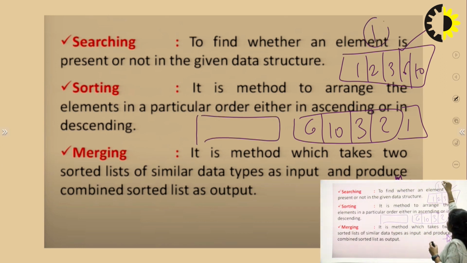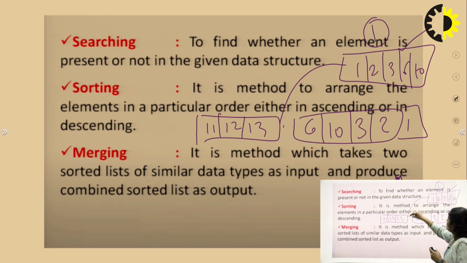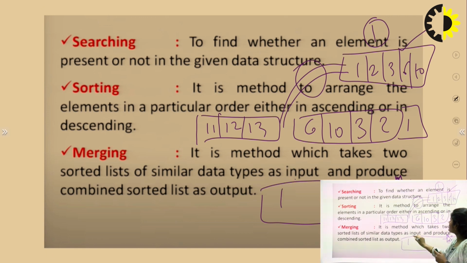This is one array, and I arrange a second array. If you want to merge both these arrays, then I make one array, which is 1, 2, 3, 6, 10, 11, 12 and 13. So I merge these two arrays into a single array. So this type of operation is called what? Merging.